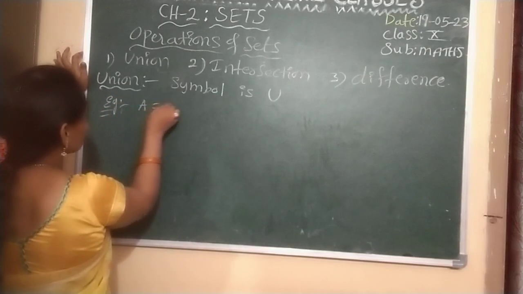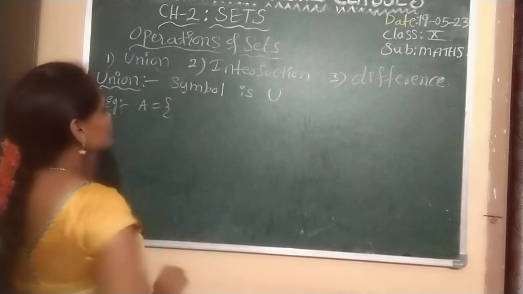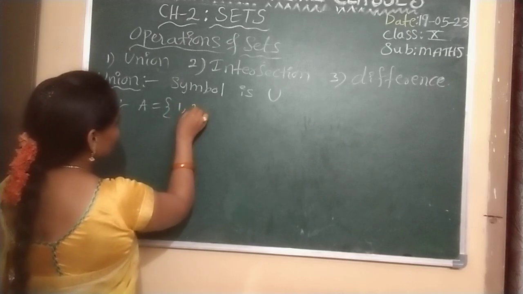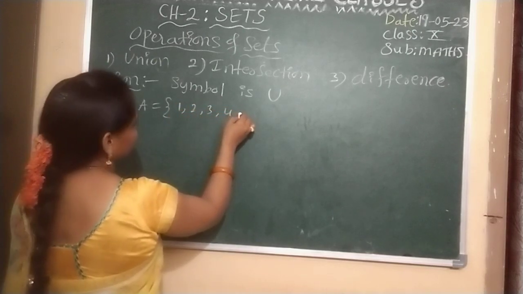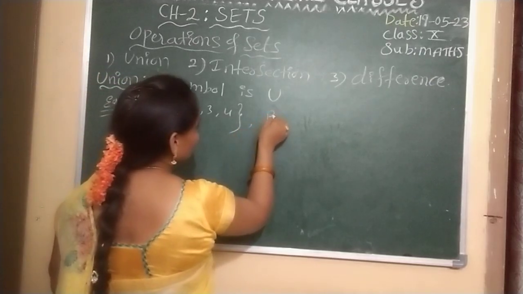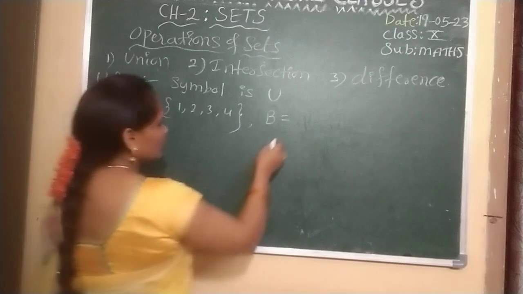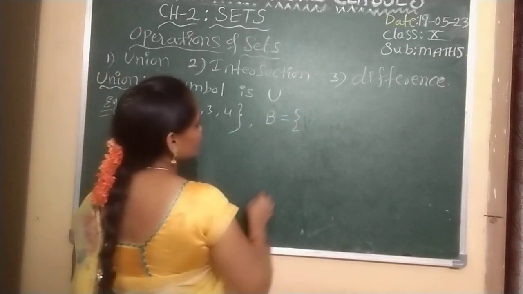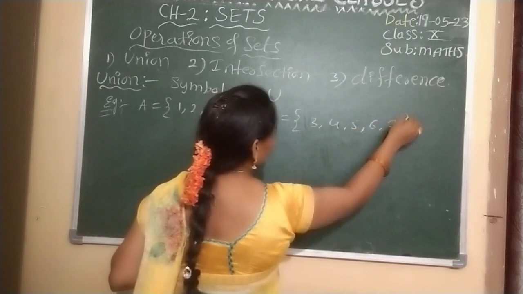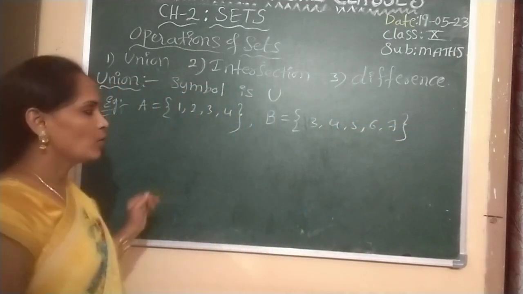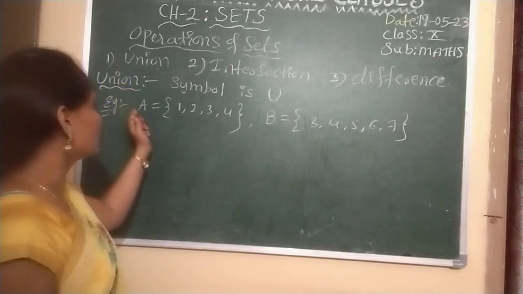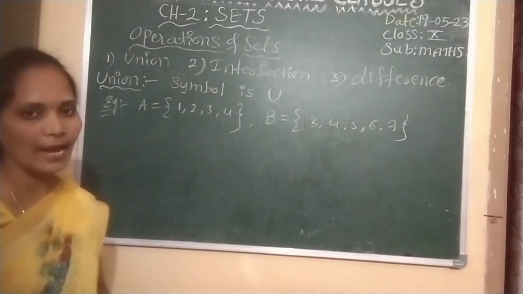Let us take one set A that contains some numbers, suppose 1, 2, 3, 4. And one more set B that contains the numbers 3, 4, 5, 6, 7. Now I am going to do the union operation on both the sets A and B.